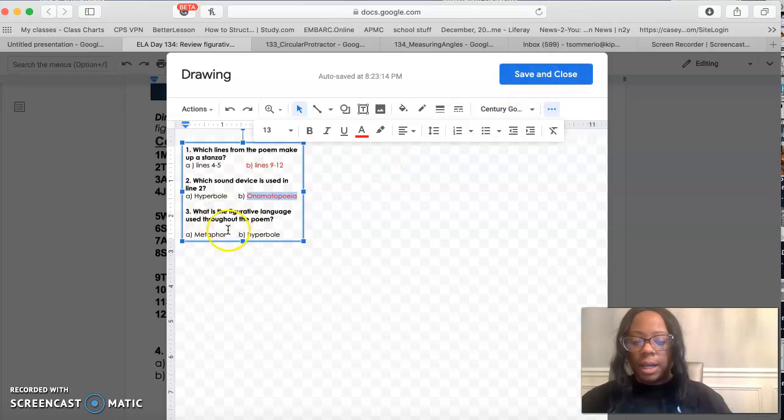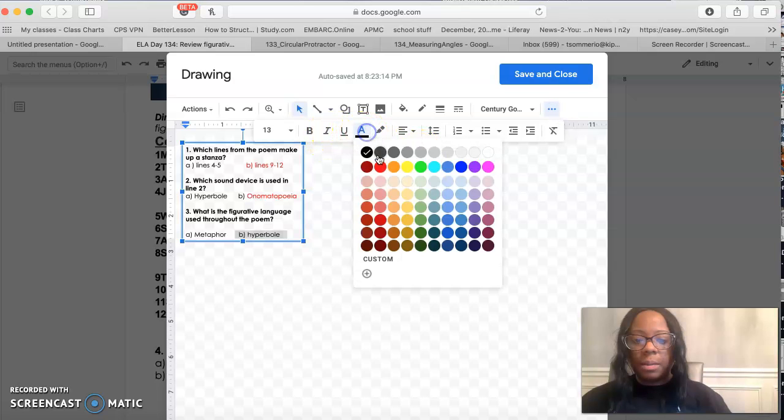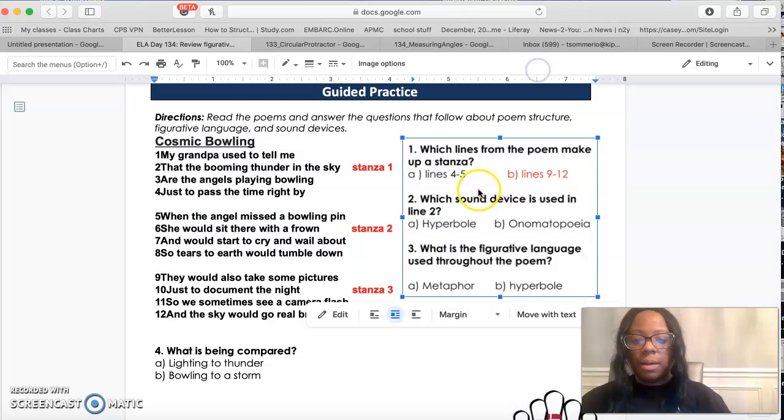Our next question asks, what is the figurative language device used throughout the poem? And we could identify those as hyperboles because there are exaggerations throughout this entire poem. Let me make that red and we can keep going.